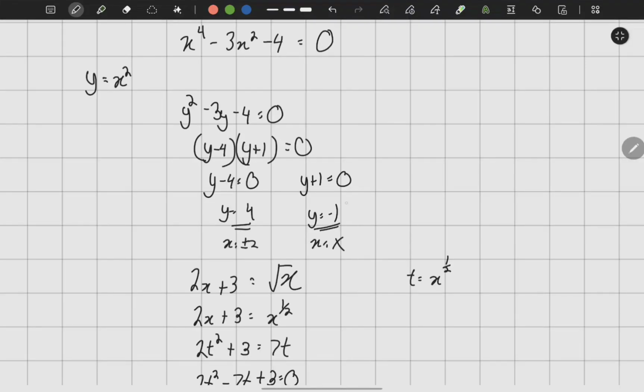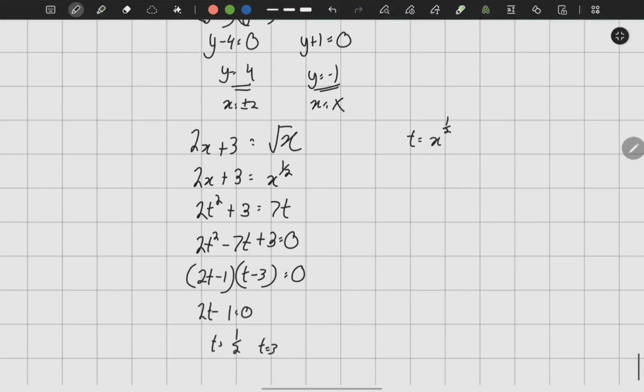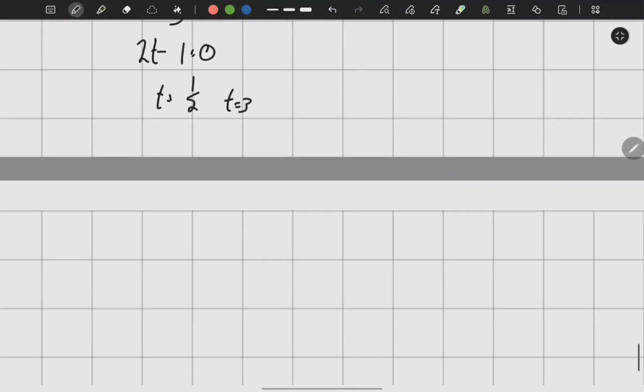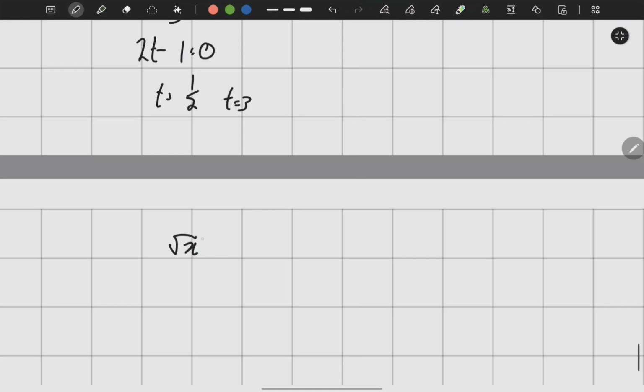Here x would be nothing because you can't have a square root of a negative number. And here our t was x to the half, so we're saying root x is a half. So then squaring both sides, x is a quarter. And over here, root x is 3, so x would be 9.